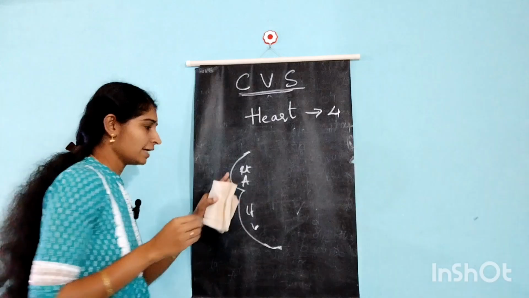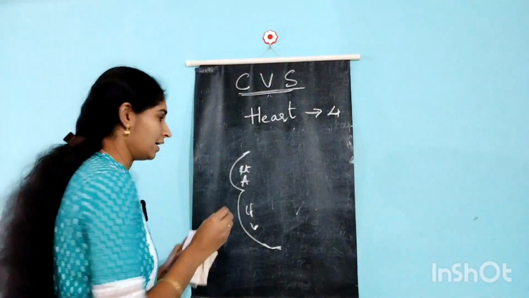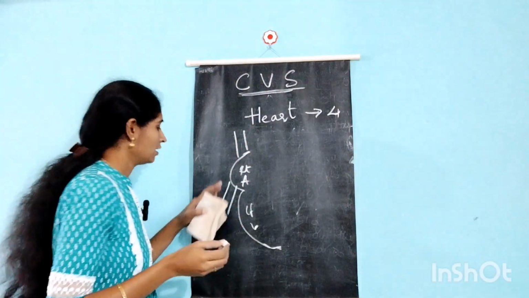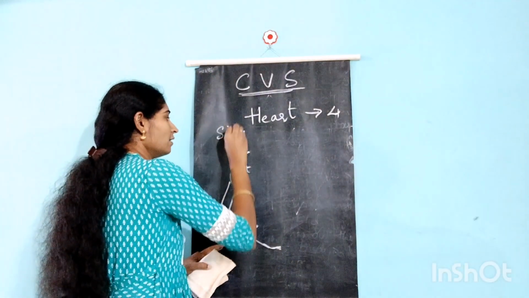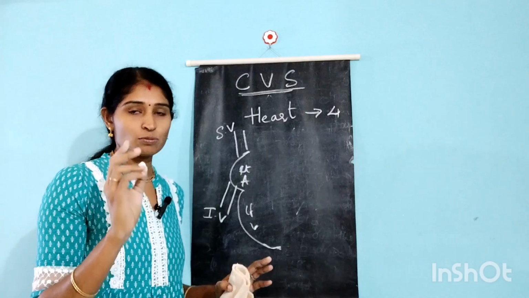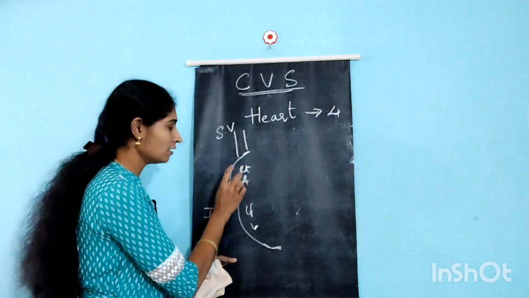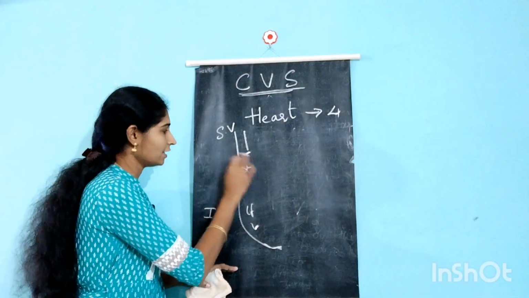So, right atrium, what did I say? Right side means it is deoxygenated blood. There are 2 vessels called superior vena cava and inferior vena cava. These 2 vessels are opening into the right atrium. See the drawing, it is opening into the right atrium.